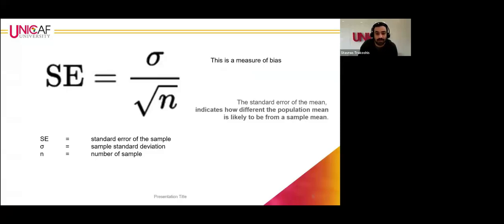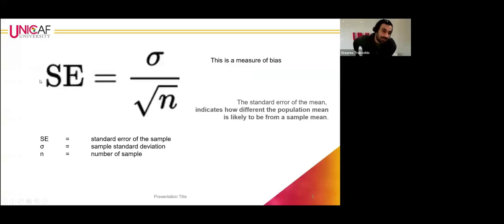Okay, so a lot of terminology here, but we go back to familiar territory because you know what this is, or you should know what this is. This is the standard error of the mean. The standard error of the mean is a measure of bias. It tells us how far our sample mean is from the population mean. So this is a mathematical formula that can tell us something about the mean.